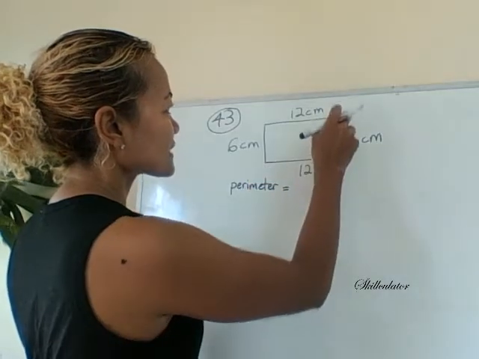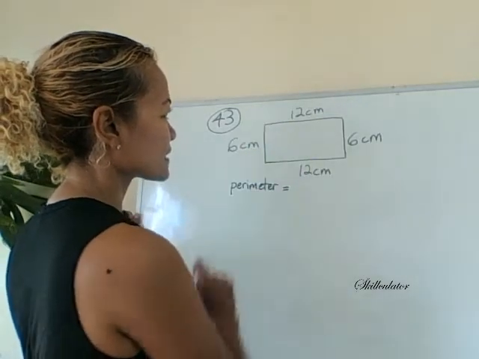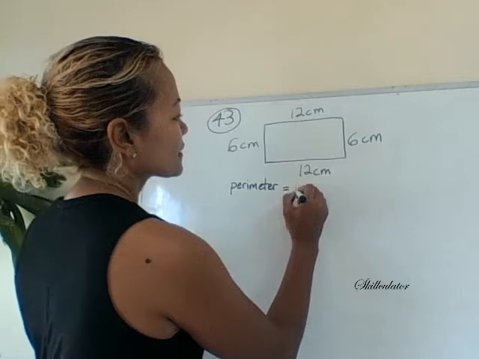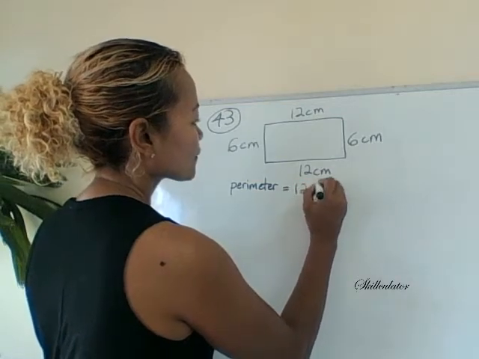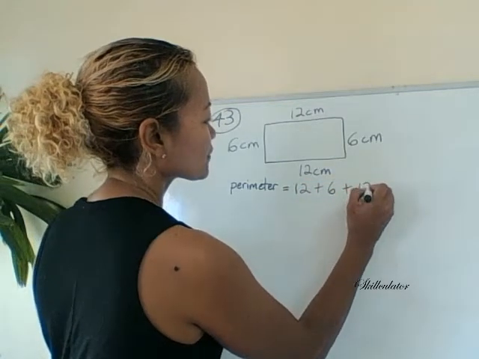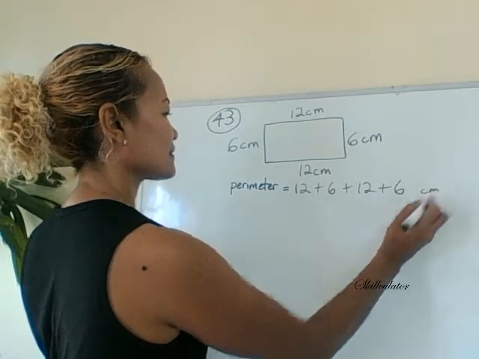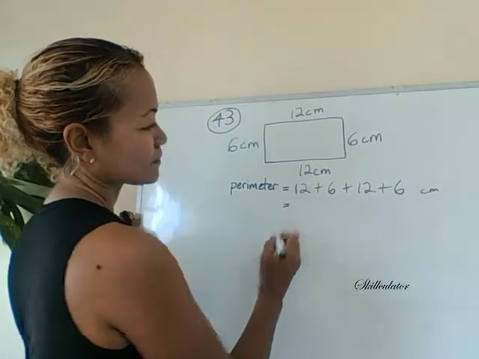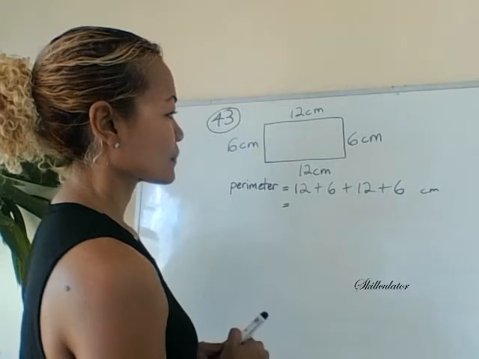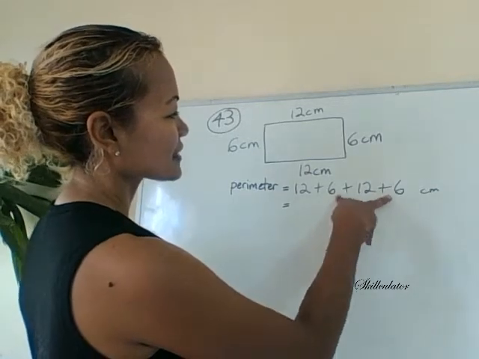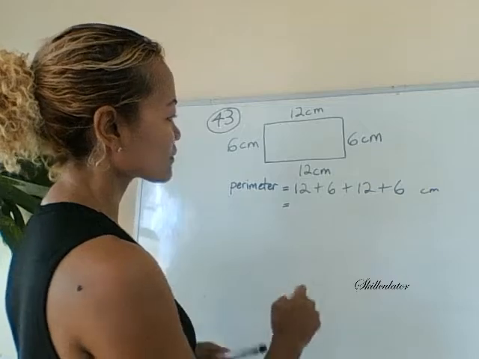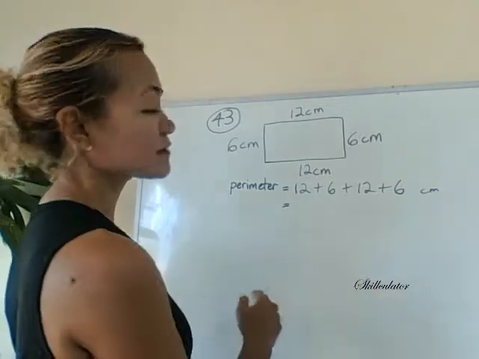12 plus 6 plus 12 plus 6 centimeters. 6 plus 6 there is 12, so it's actually 12 times 3. 12 3s are 36.